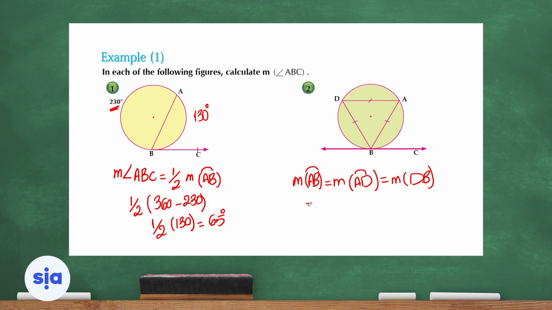So each arc is equal to 360 divided by 3, which is 120 degrees. So the measure of angle ABC equals half of 120 degrees, which is 60 degrees.